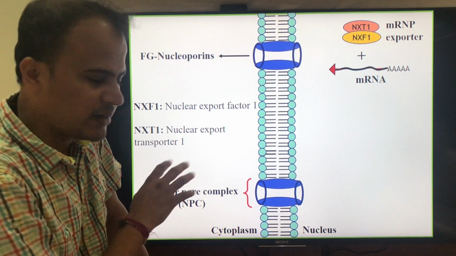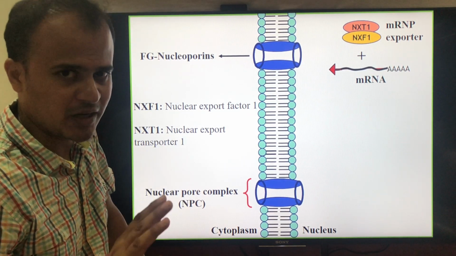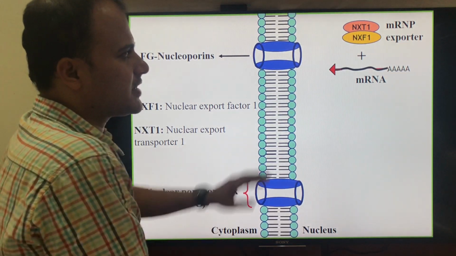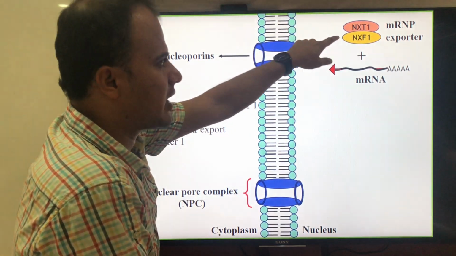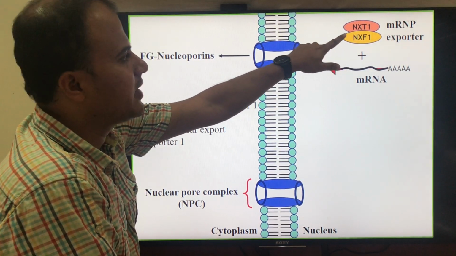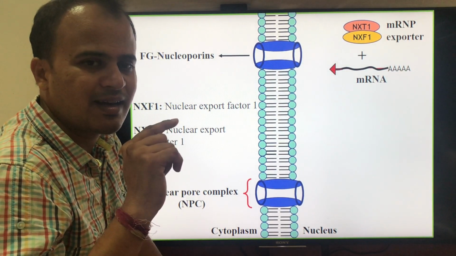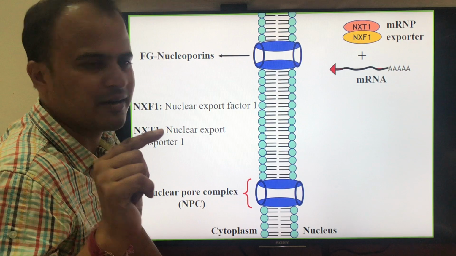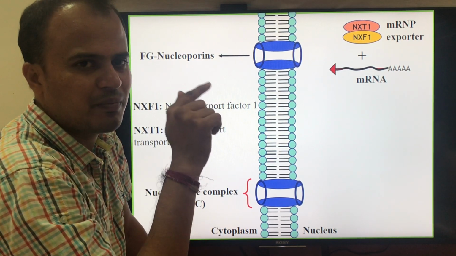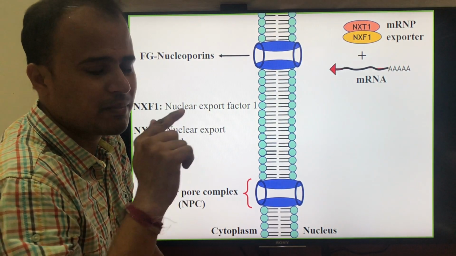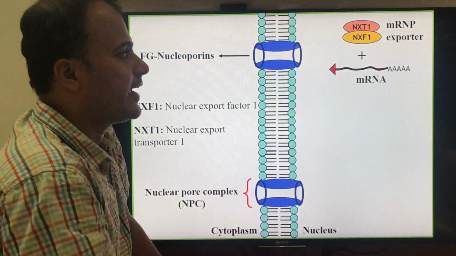In the mRNA case, those proteins are not involved, but a separate set of proteins is, and one among them is the mRNP exporter. M means messenger ribonucleoprotein. So instead of mRNA, it is mRNP, messenger ribonucleoprotein exporter.